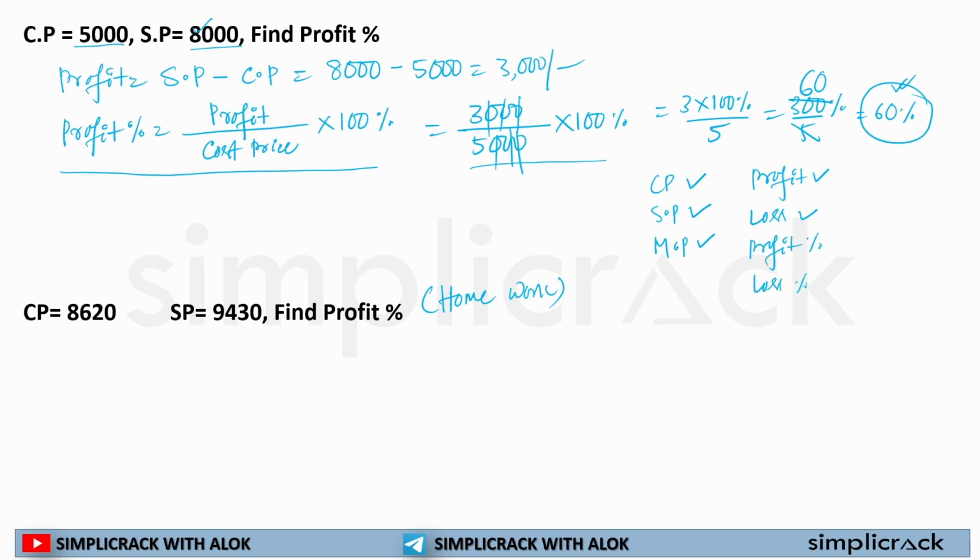See, within this small amount of time, you have learned this many concepts. Everything is easy, and I am right here to help you out with each and every concept. You can reach out to me.